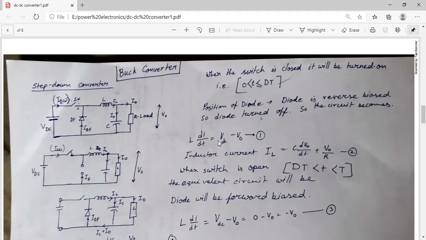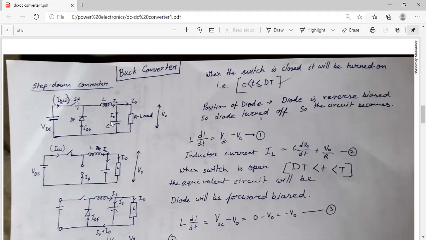Since the diode is reverse biased, the DC supply voltage is not coming, so this will be equal to 0 minus V naught. And the inductor current IL is passing through what? The load and the capacitor.